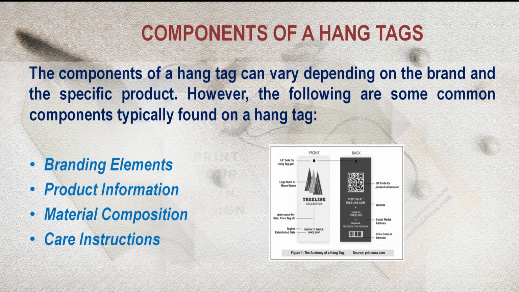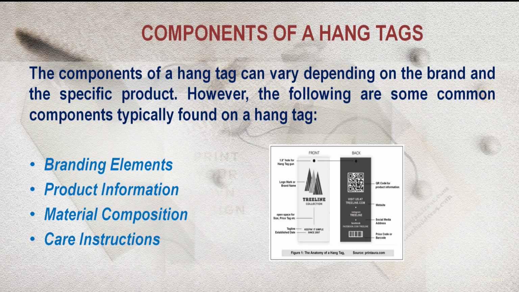Now there are different components of hang tags. Let us see what different components we can typically find on a hang tag on any product. First is the branding element. We generally use these hang tags as a way of branding, so information about the brand will be there.